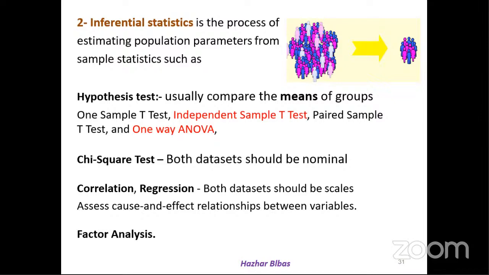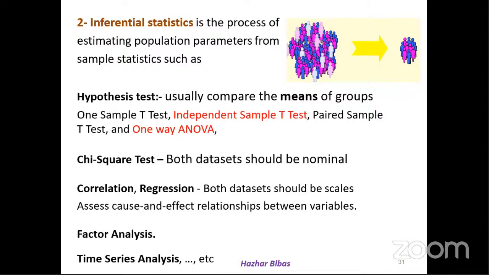Each factor is going to contain some variables. The variables in the first factor are going to be related to each other, but they're not going to be related to the variables in the second factor, and the second factor's variables are not going to be related to the variables in the third factor, and so on.